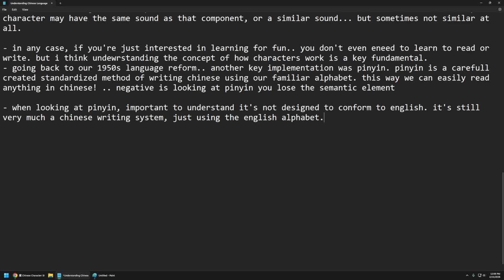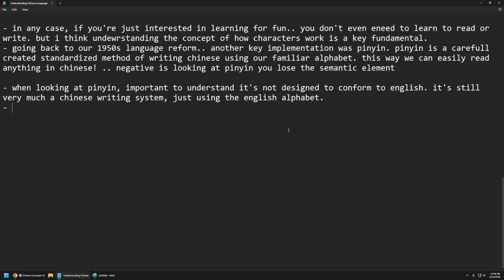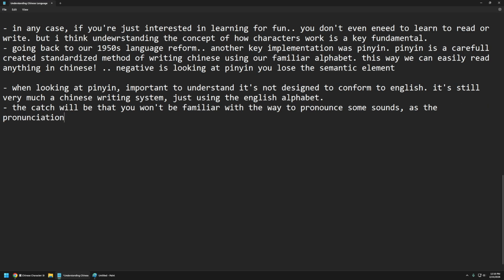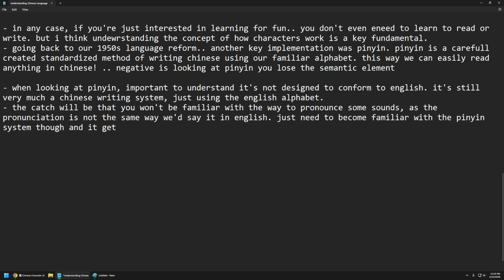You'll see once we start seeing some of them, but the way they're written kind of makes sense. It doesn't look all that foreign. So the catch will be that you won't be familiar with the way to pronounce some sounds, as the pronunciation is not the same way we'd say it in English. You just need to become familiar with the pinyin system, though, and it gets easy.